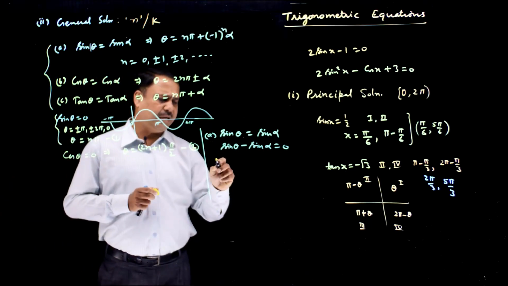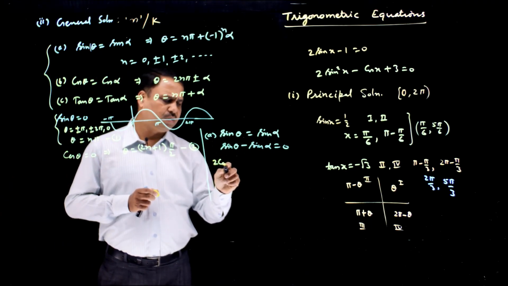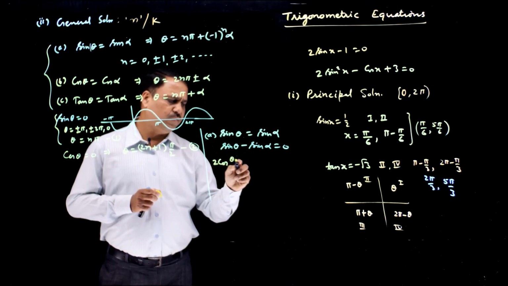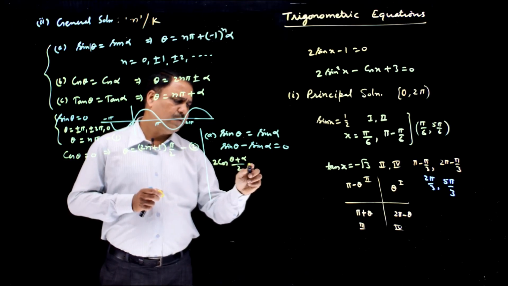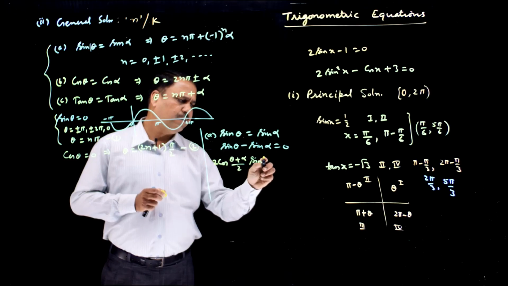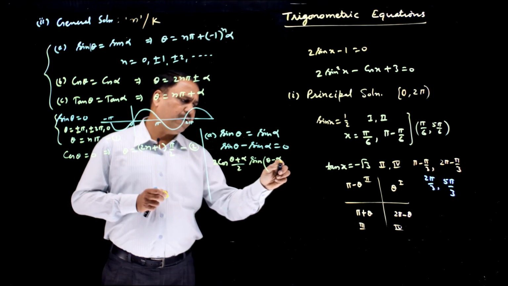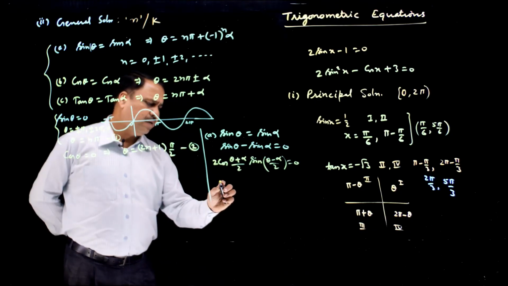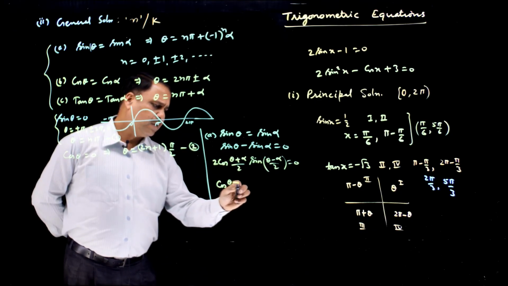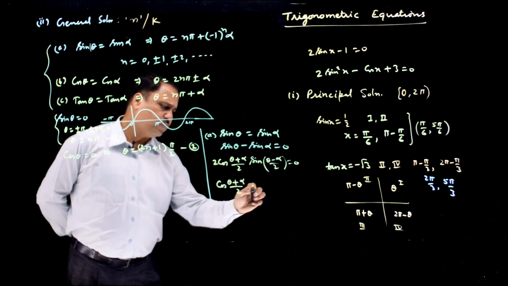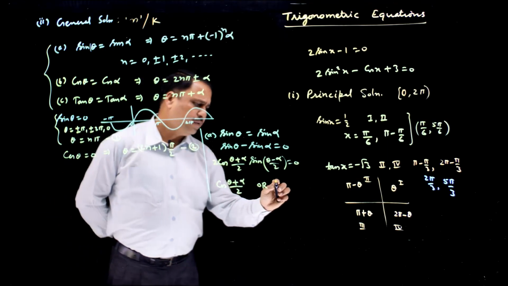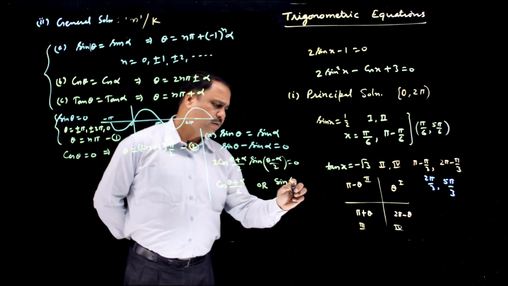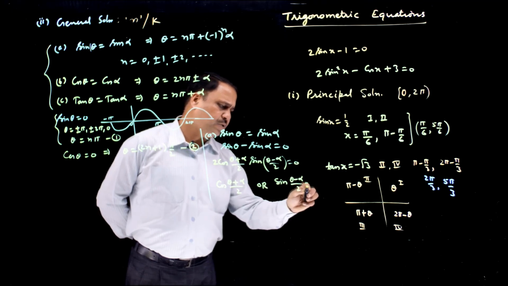So sin c minus sin d is 2 cos (c plus d) by 2 into sin (c minus d) by 2 is equal to 0. So this gives that either cos (theta plus alpha) upon 2 is equal to 0 or sin (theta minus alpha) upon 2 is equal to 0.